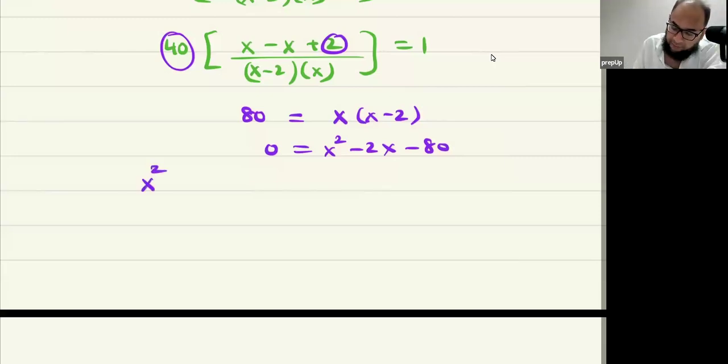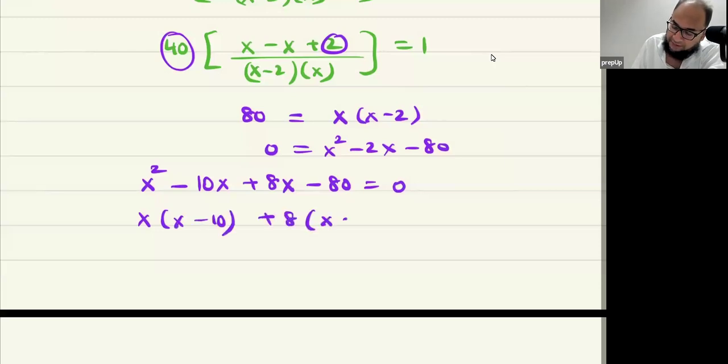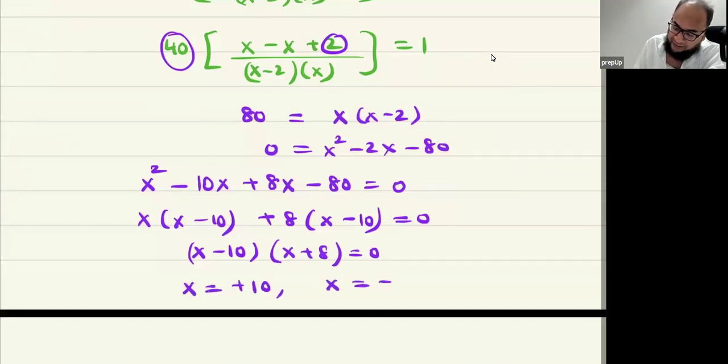So that is x square minus 10x plus 8x minus 80 equals to 0. x common, x minus 10, plus 8 common, x minus 10 equals to 0. x minus 10, x plus 8 equals to 0. Therefore, x is positive 10. Therefore, x is negative 8.